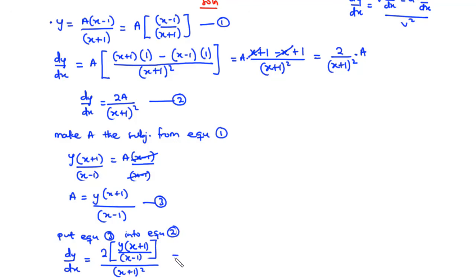So this will be equal to 2y times (x plus 1) all divided by (x minus 1), and this denominator becomes (x plus 1) all square divided by 1.